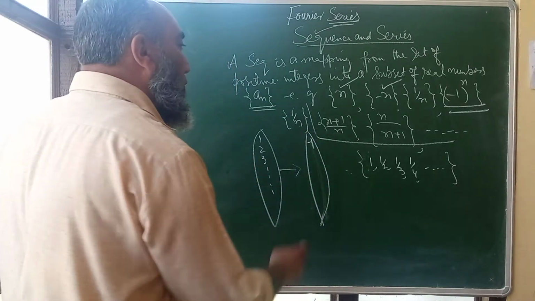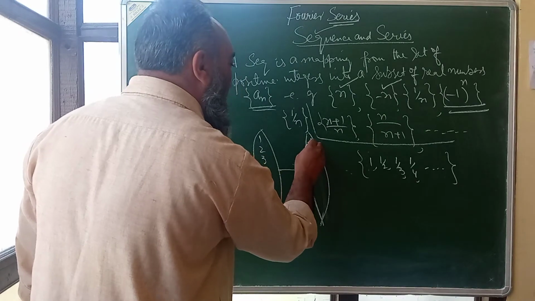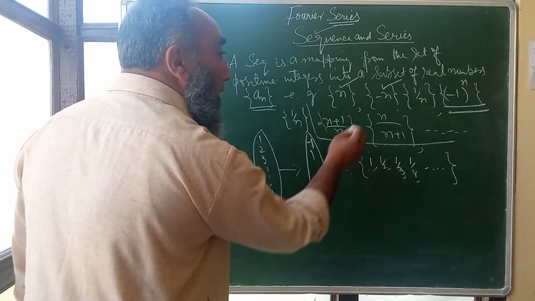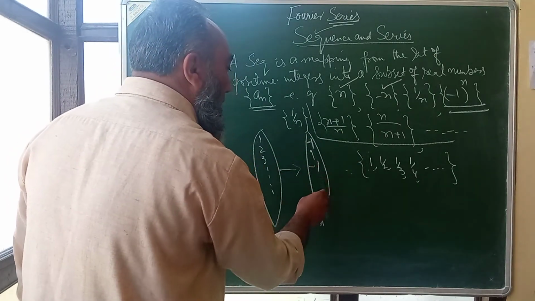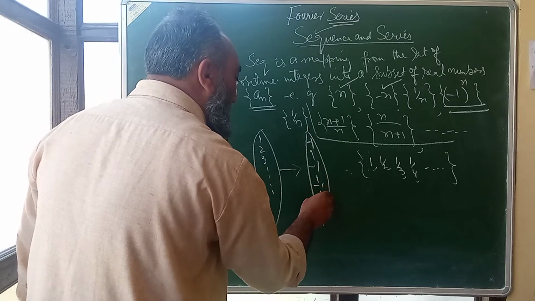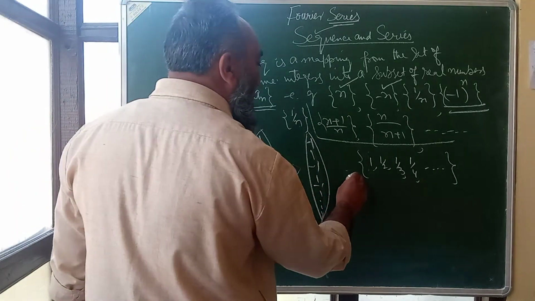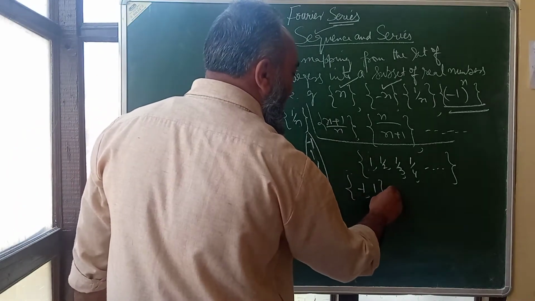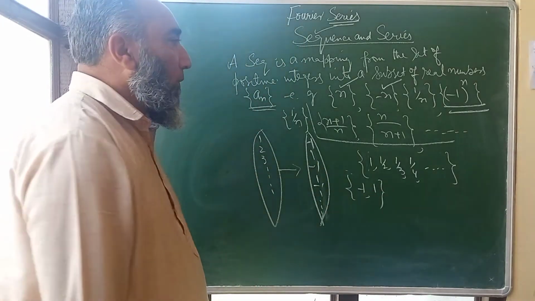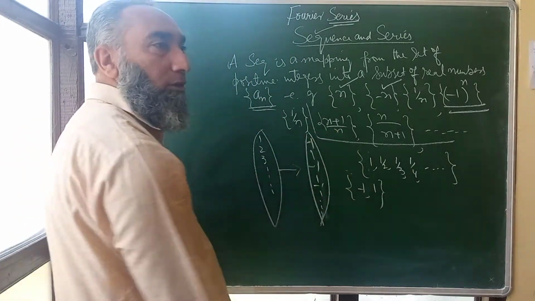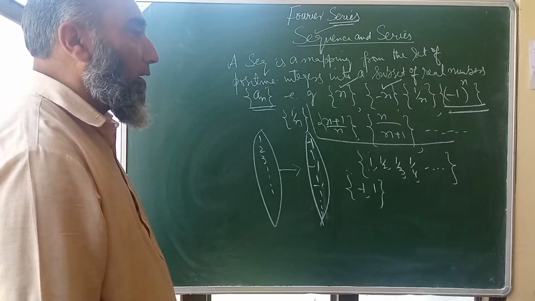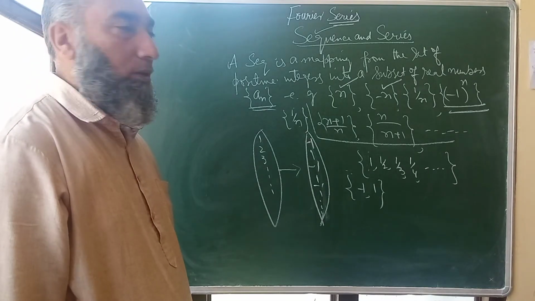When n is 2, minus 1 to the power 2, it is plus 1. When n is 3, minus 1 to the power 3, it is minus 1. Then plus 1, minus 1, plus 1, and so on. So you have only two numbers, minus 1 and plus 1. Okay. Similarly, you can have these for n plus 1 by n, and n divided by n plus 1.